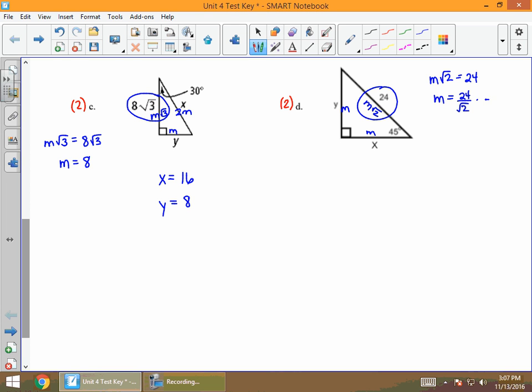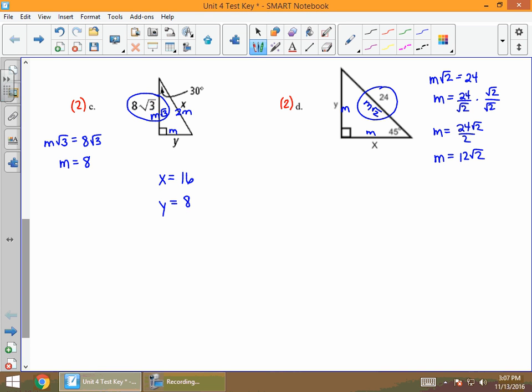So I'll multiply by a fraction that's equal to 1. Radical 2 over radical 2 is a fraction equal to 1. So the top, 24 times radical 2 is 24 radical 2. The bottom, radical 2 times radical 2 is 2. Simplify, 24 over 2 is 12. And don't forget your radical 2.